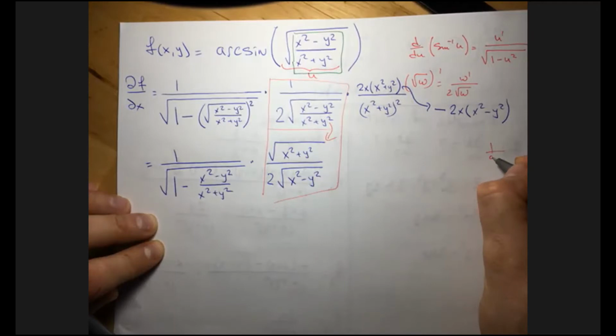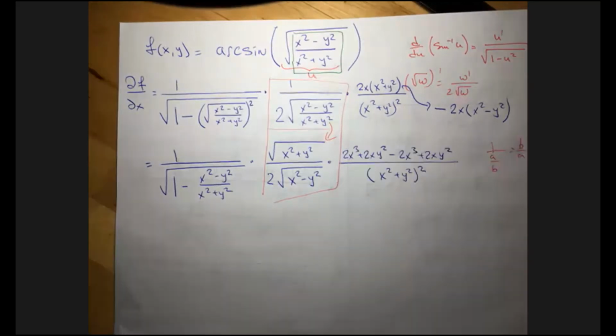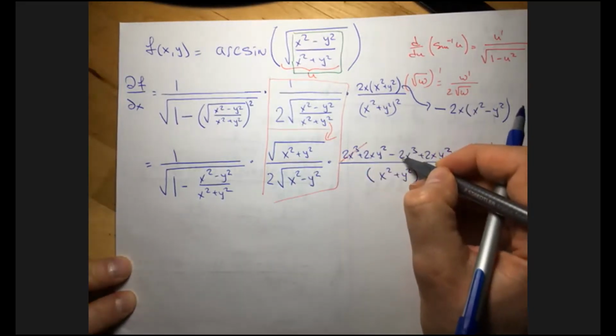And here I have x squared plus y squared, squared. Okay, so what can we cancel? 2x cubed and 2x cubed.